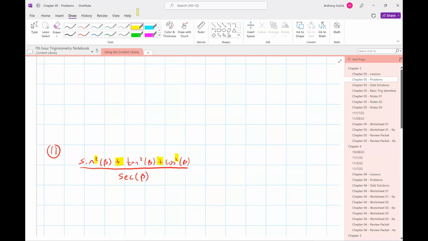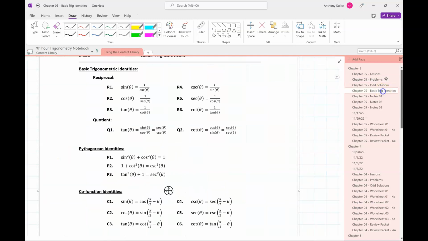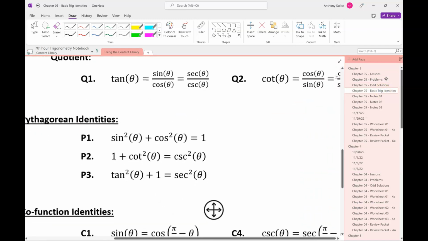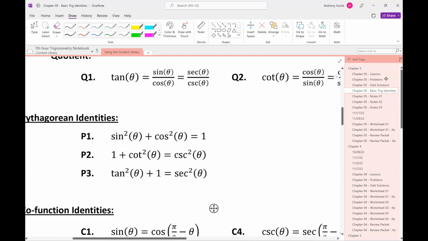So I'm going to go look at the Pythagorean identities and see if there's anything interesting that involves a sine squared, a tangent squared, or a cosine squared. Whoa! I see a great one. Sine squared plus cosine squared is 1.